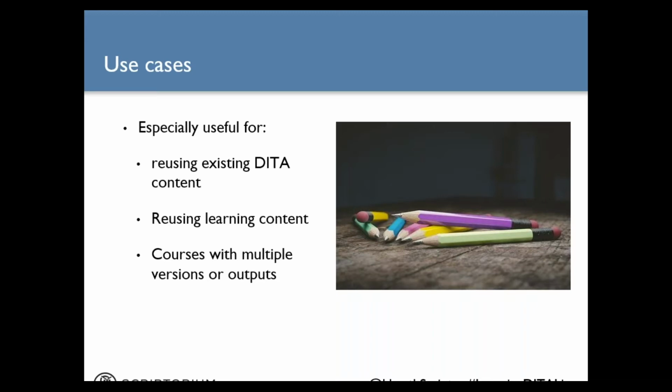But learning content might also be training for employees in a power plant or training for customers for a software product. So it can take a lot of different forms. So the learning and training specialization might look a lot different depending on how you want to use it. You can really modify it based on your needs.